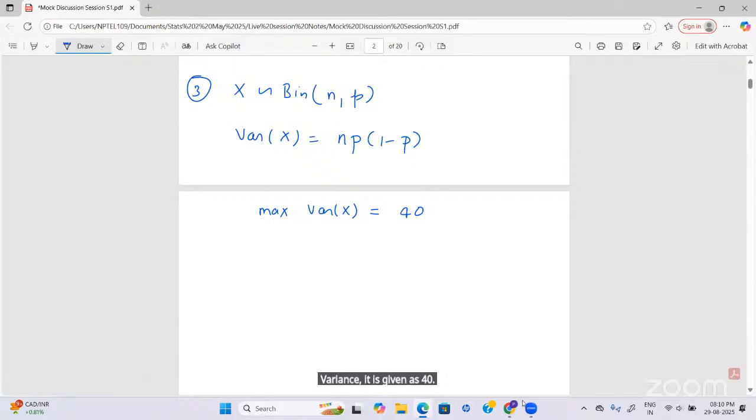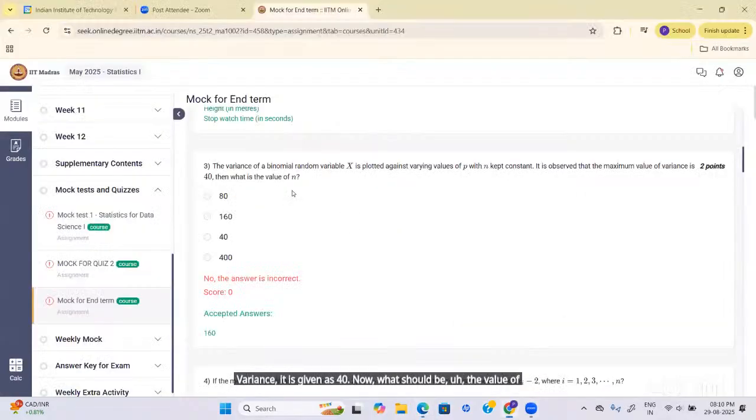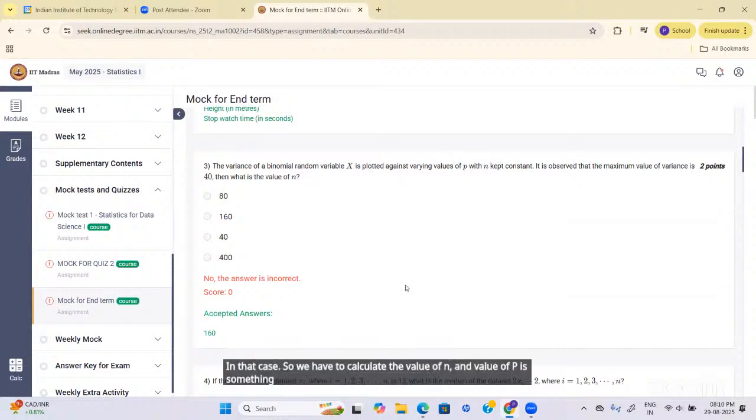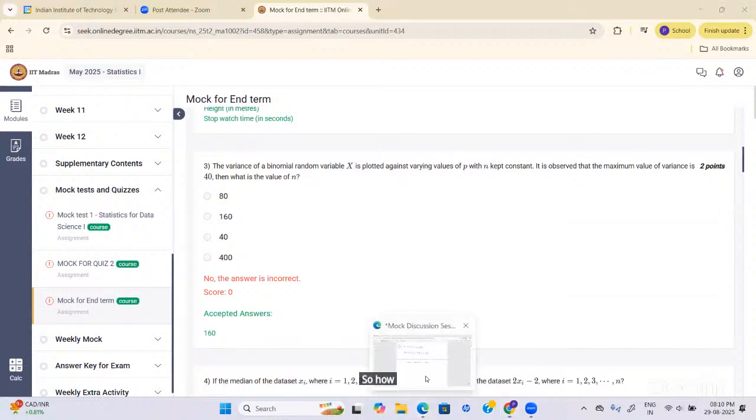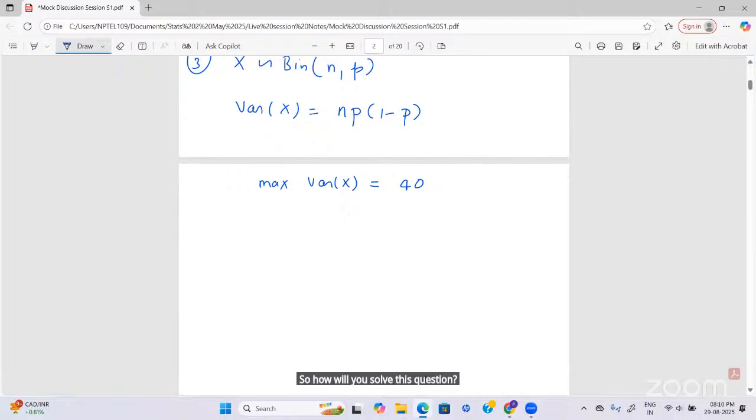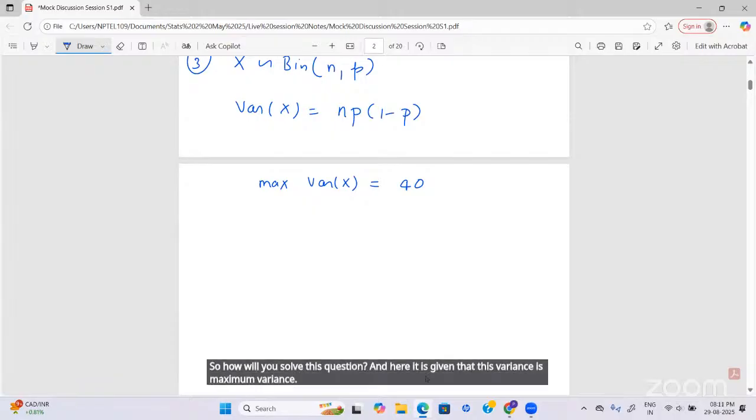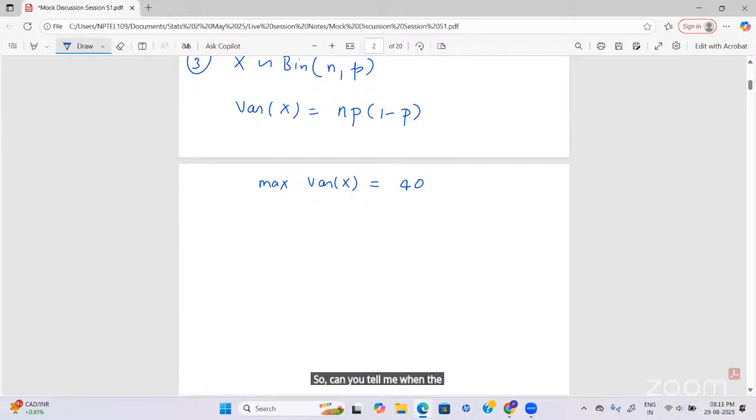Now what should be the value of n in that case? So we have to calculate the value of n, and the value of p is something that is unknown to us. So how will you solve this question? Here it is given that this variance is the maximum variance. So can you tell me when the variance is maximum, in which case?